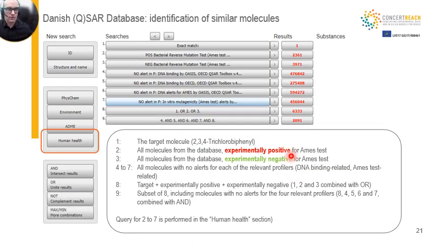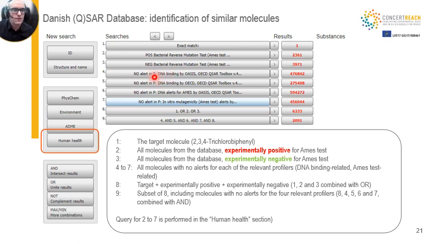So this is an example of the result. As mentioned, for each search or each operation we make, the DanishQSAR database generates a list of molecules. The first one, in this case, is the exact match, so our target molecule. Then we search for all molecules with available positive experimental data for Ames test, all molecules with negative experimental data for Ames test.